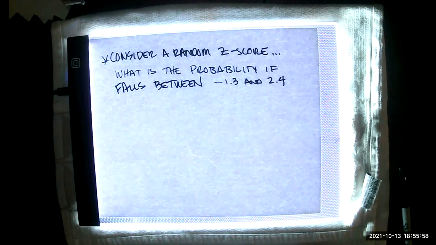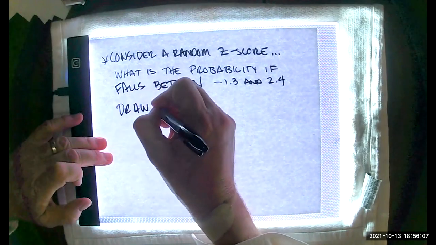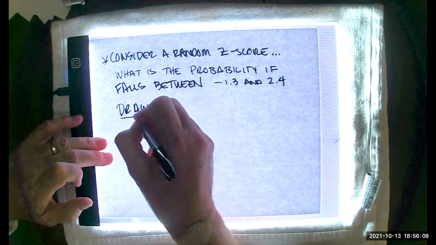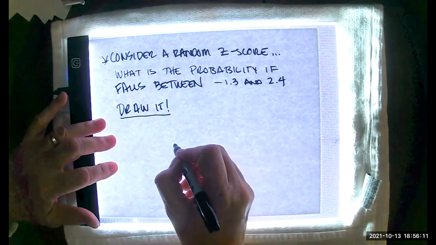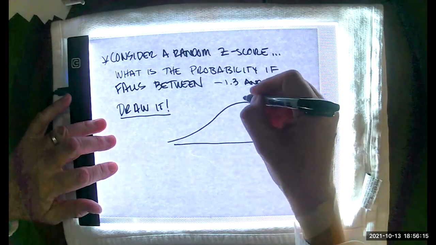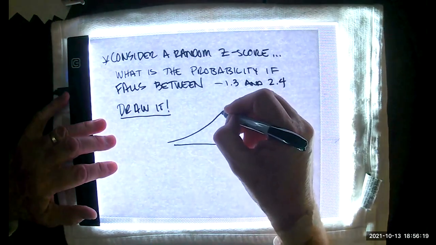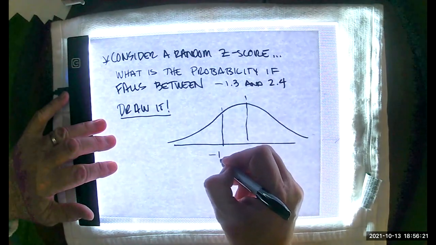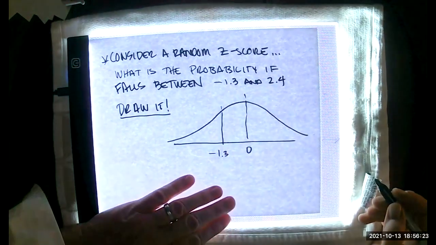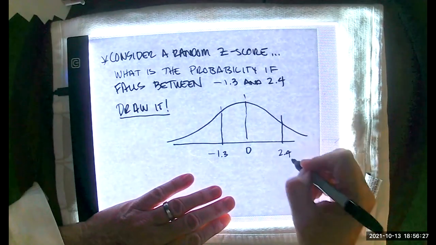So the first thing I do is I draw it. Again, it doesn't have to be a beautiful picture. It should include the mean, 0. It should include the lower part, if there is a lower part, and you'll see some examples, and it should include the upper part, 2.4.